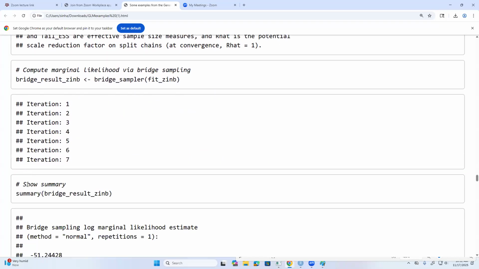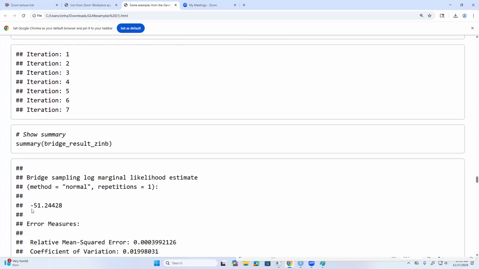Let us calculate the marginal likelihood, which came out to be minus 51.244. Sorry, this is the log of marginal likelihood. So the best marginal likelihood is for the negative binomial distribution, right?